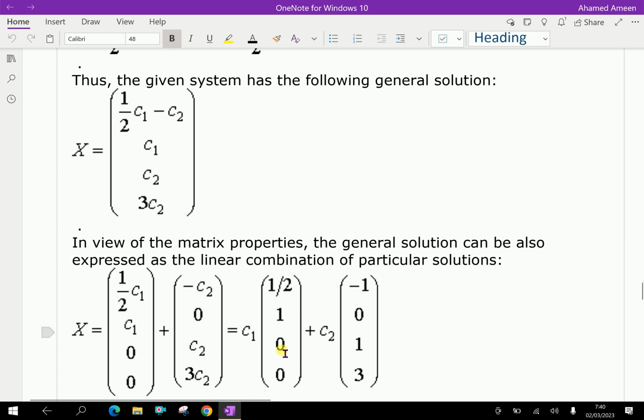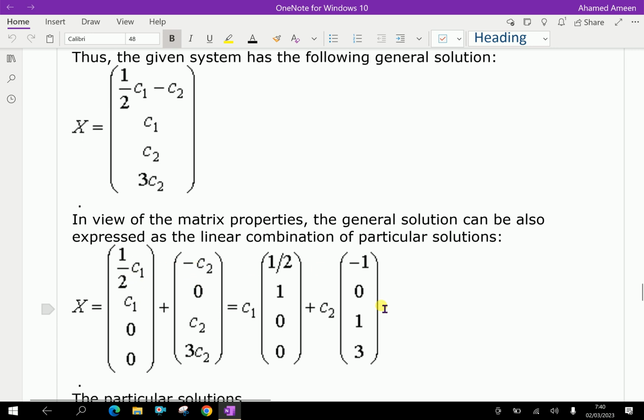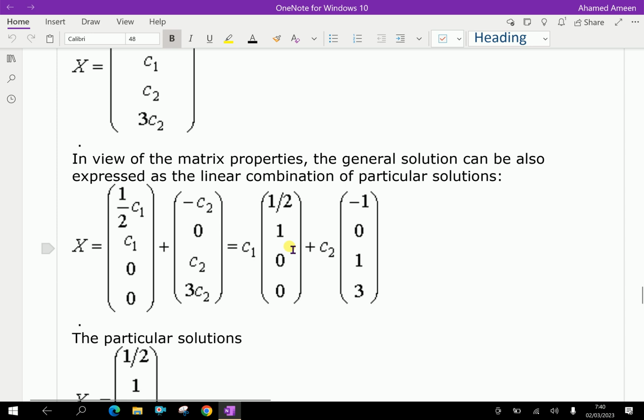We can take c1 out, giving half, 1, 0, 0, and c2 gives minus 1, because half c1 minus c2. Then we can write other combinations also.